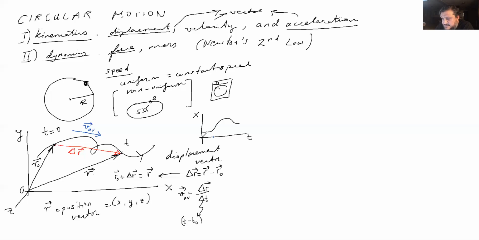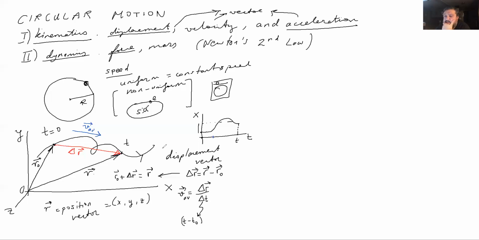This is where t is 0, and this is where you are when time is t. So the displacement is from here to there. That's your displacement in x. You will have such displacements in y and z as well.